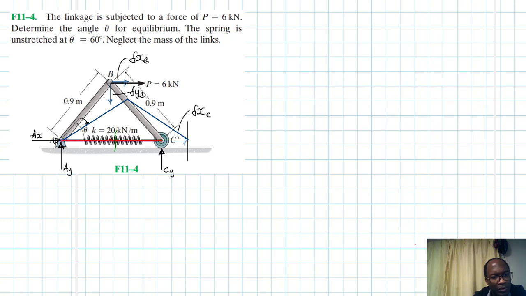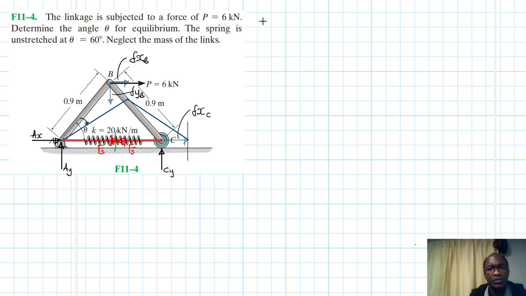Okay, so we're going to expect a spring force like so. Great. So let's call this force here Fs. We call this force here Fs. Okay, so this is the spring force once we cut the spring there.